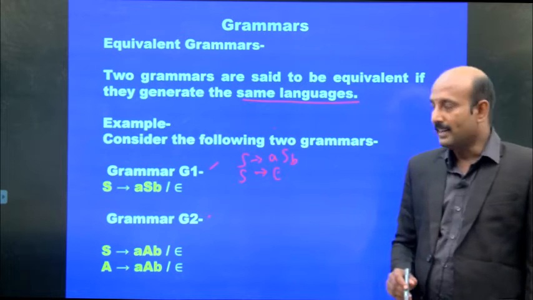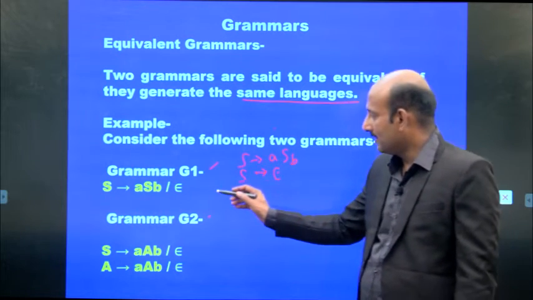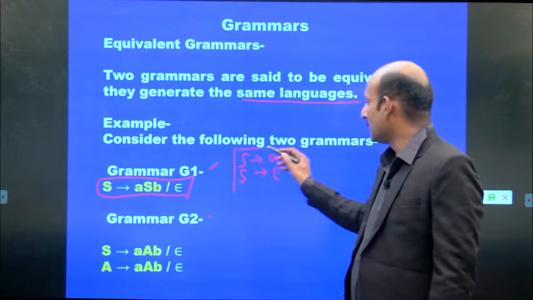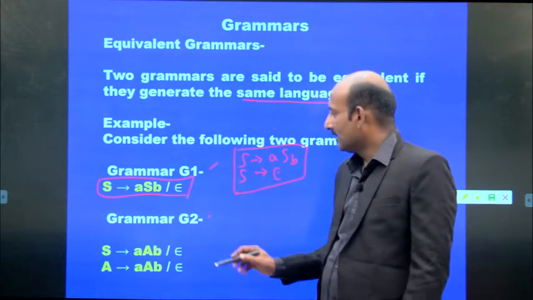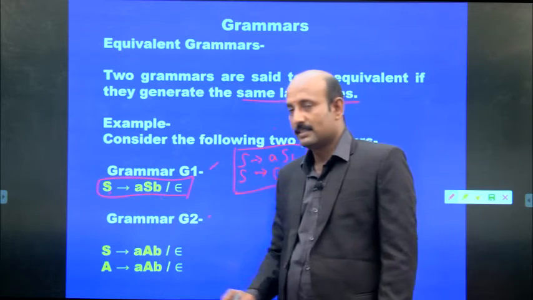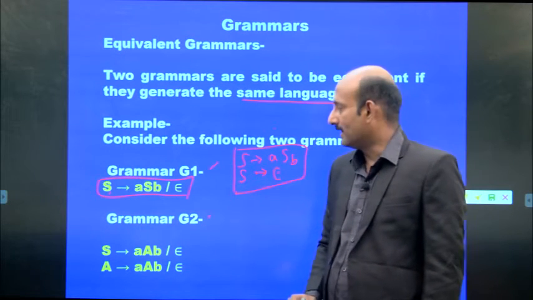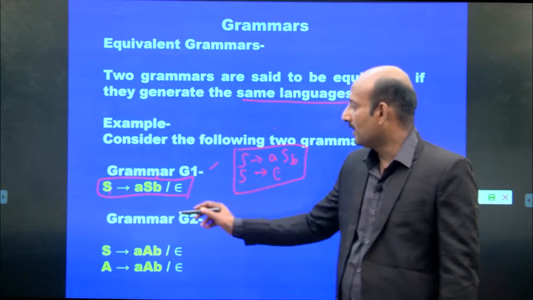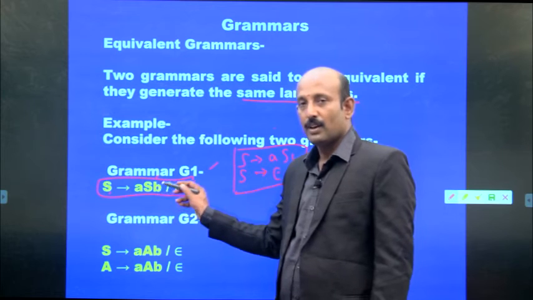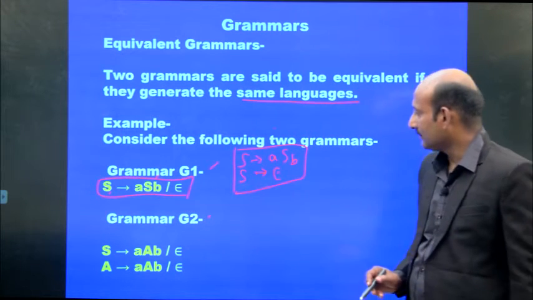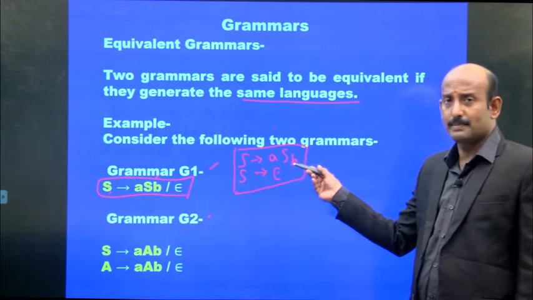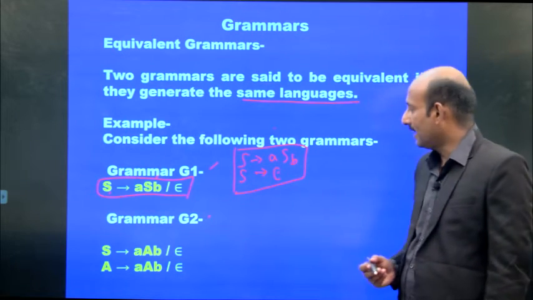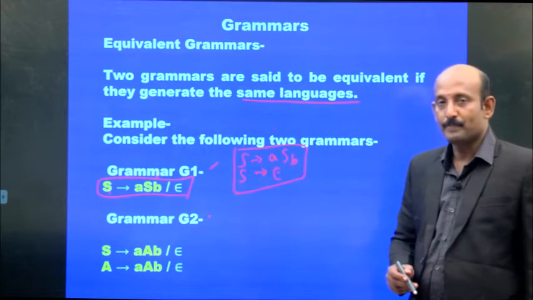We can write the productions in either form; both have the same meaning. Otherwise, we can rewrite these productions as S gives ASB and S gives epsilon.